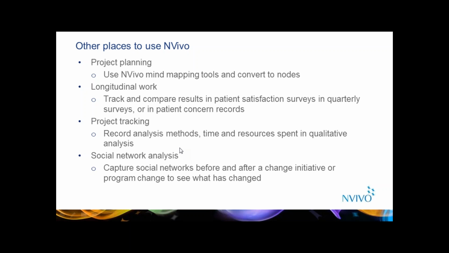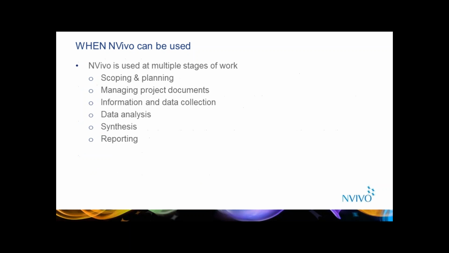I use NVivo to track the analysis methods, the time and the resources we spent in qualitative analysis and so on. And if you happen to have NVivo 11 Plus, you can even use it to do social network analysis. You might be interested, let's say, in capturing changes in social networks before and after a change initiative or a major program change to see if the relationships between people have changed.